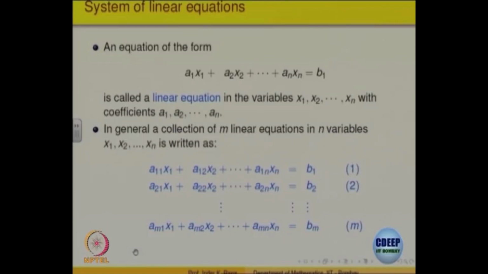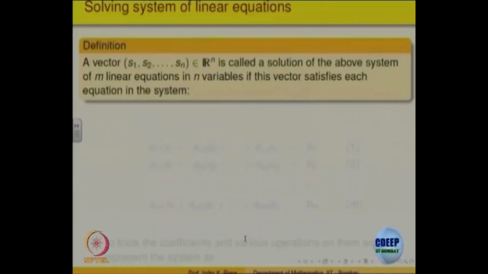And similarly for the last, the mth equation, a m1 is the coefficient of the first variable, a m2 the coefficient of the second variable, and on the right hand side bm. So, this is an abstract notation of writing m equations in n variables, and for computation purposes we do not want x1, x2, xn coming into the picture. So, let us write.